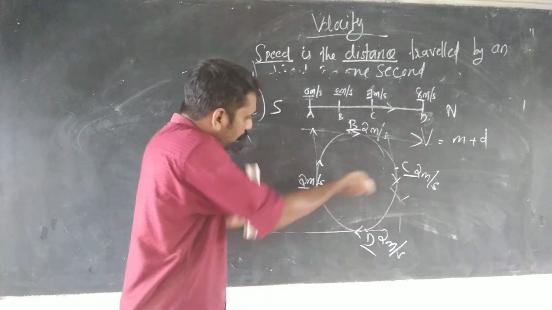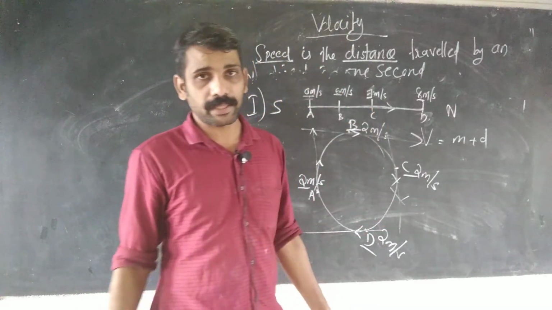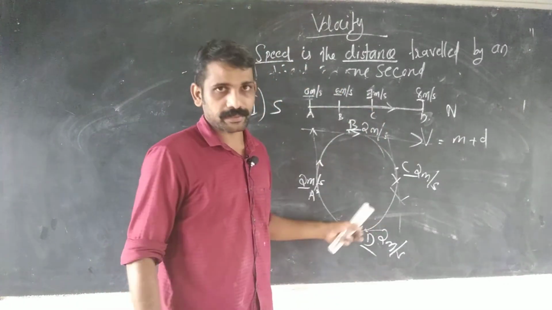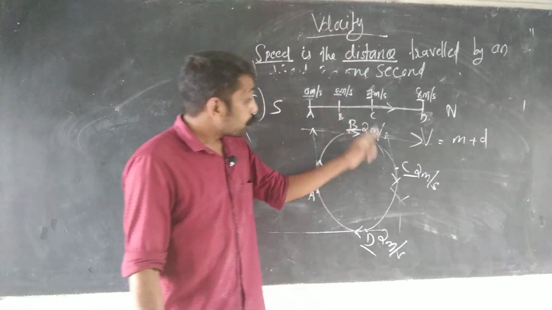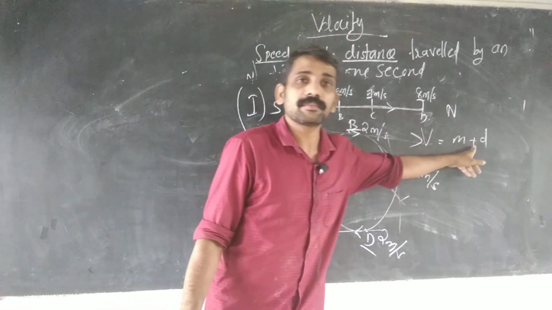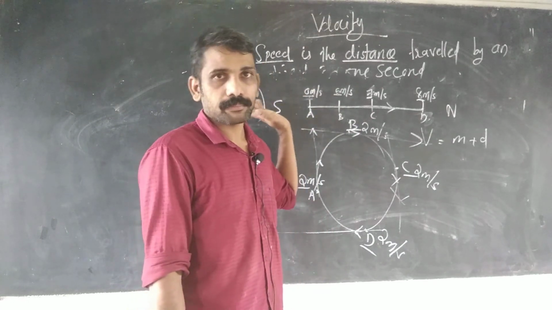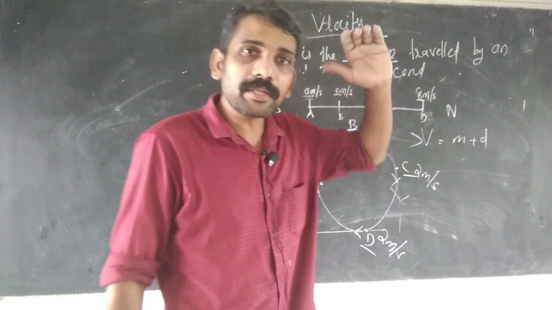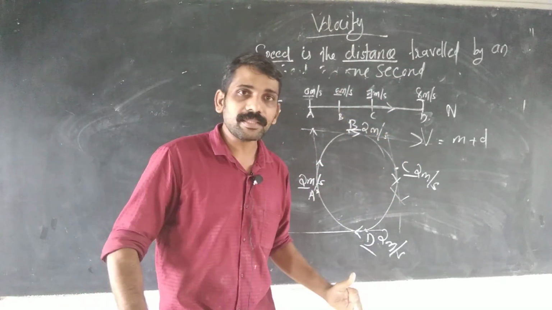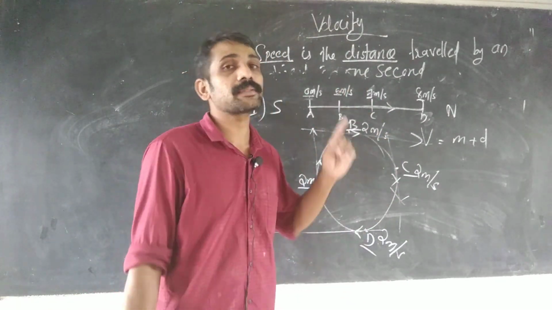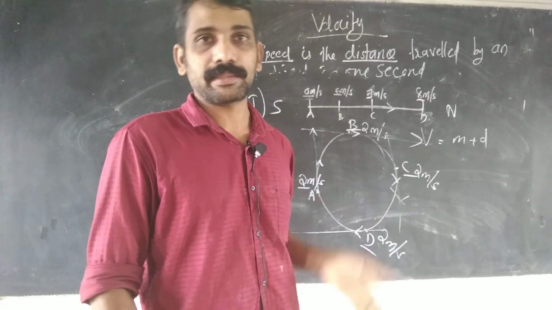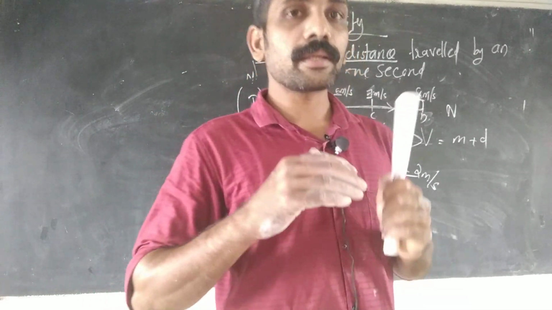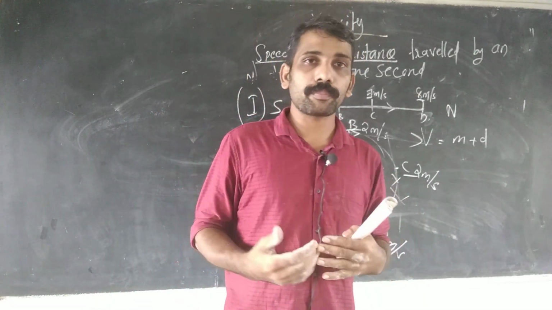Understand? So the direction at all points will be changed, but the magnitude is not changing. So here direction is changing, then velocity can be changed. Here magnitude is not changing, but direction is changing, so velocity will be changed. Okay, the next topic we can study in the next class.